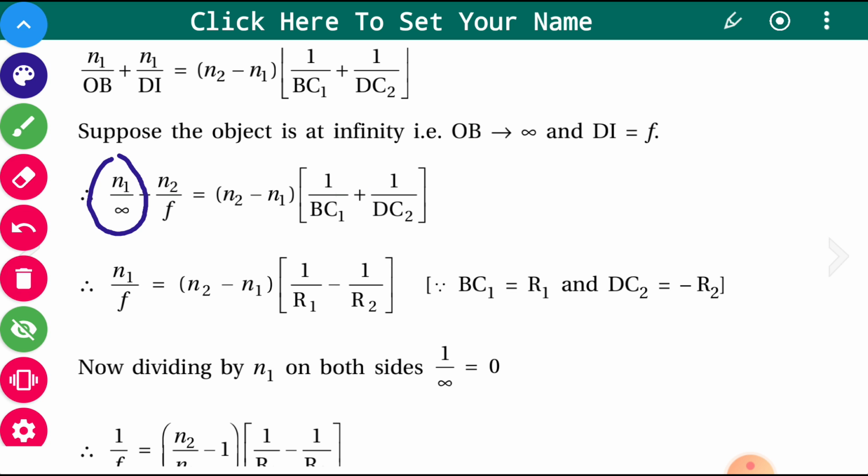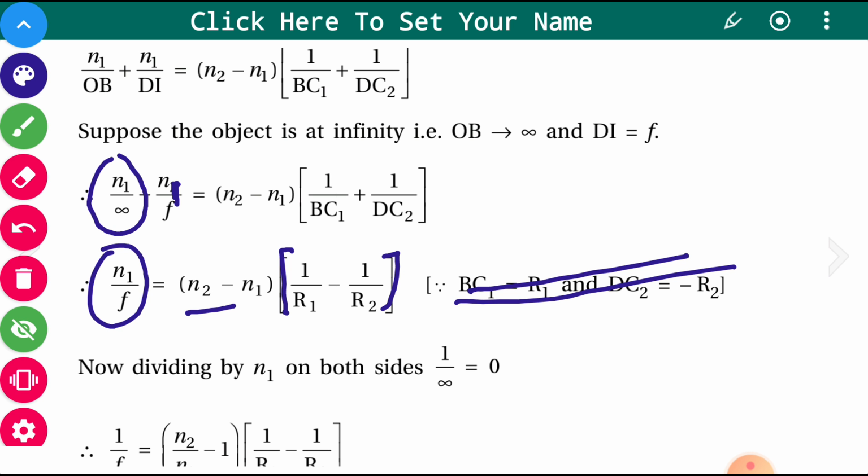So you will have n2 upon f is equal to n2 minus n1 into 1 upon r1 minus 1 upon r2. Here 1 upon infinity is taken to be 0.